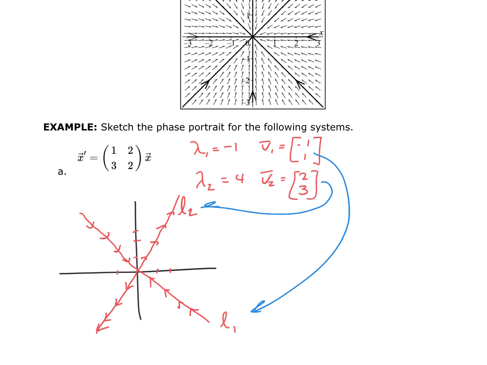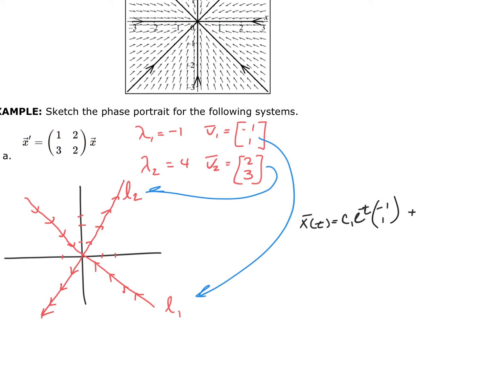Our general solution, x of t, for this will be c sub 1 e raised to the negative t times the vector -1, 1, plus c sub 2 e raised to the 4t times the vector 2, 3.